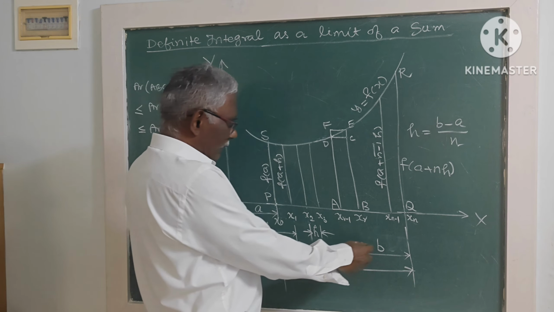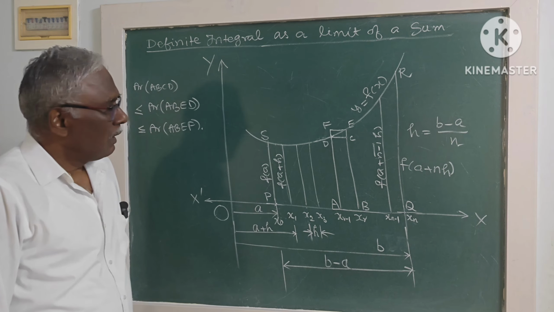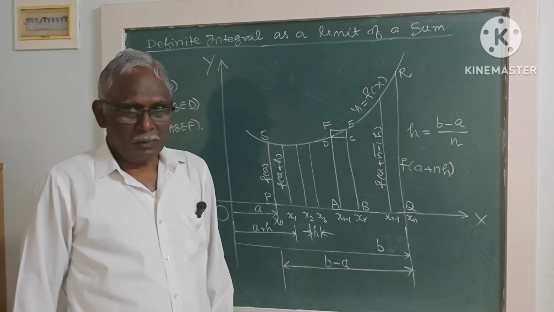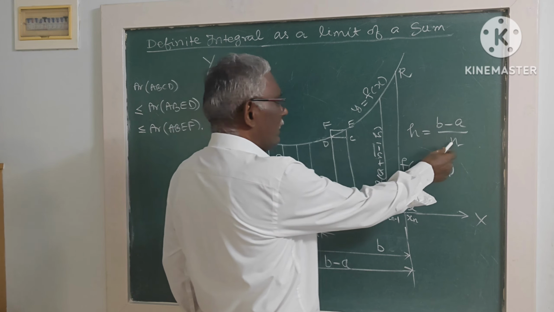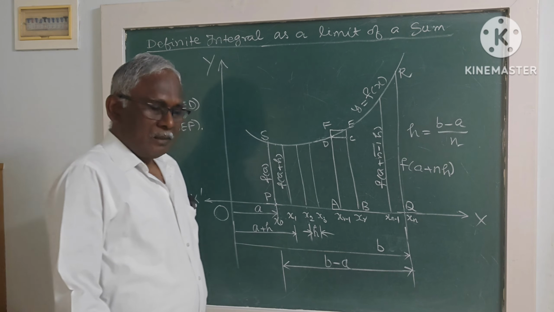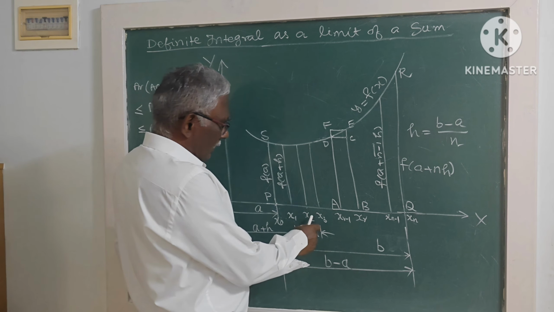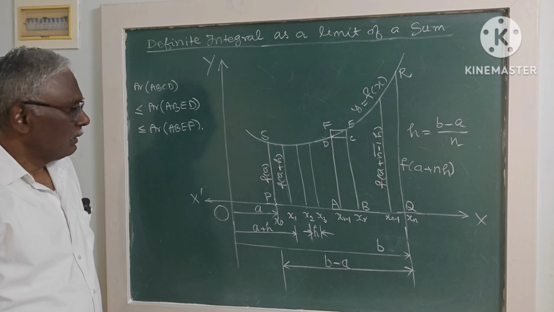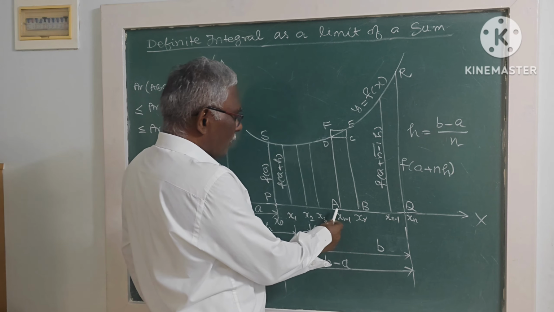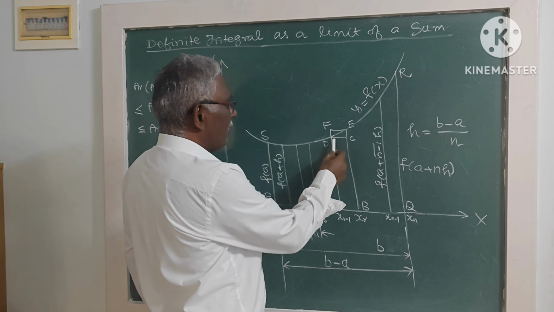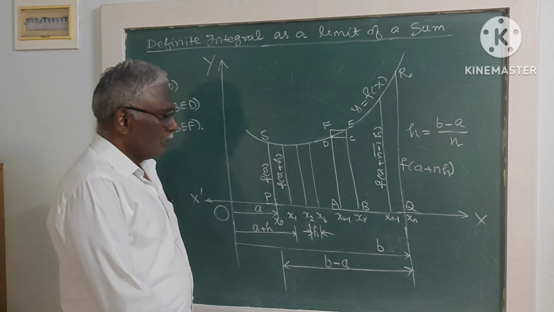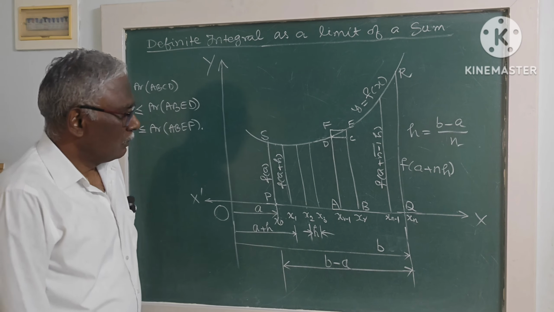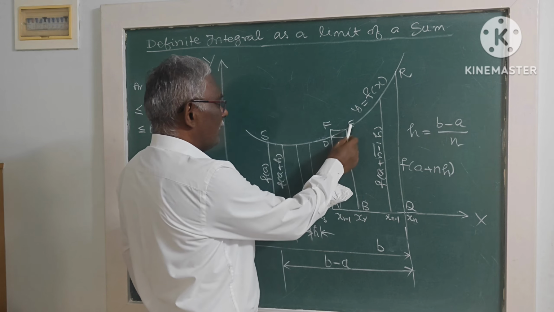Hence, here we have n subintervals and we are going to have an infinite number of subintervals. As n tends to infinity, h tends to 0. So that means x3 minus x2 tends to 0. Then the limiting value of the area of rectangle ABCD is equal to the area of the region ABED, which is equal to the area of the rectangle ABEF.